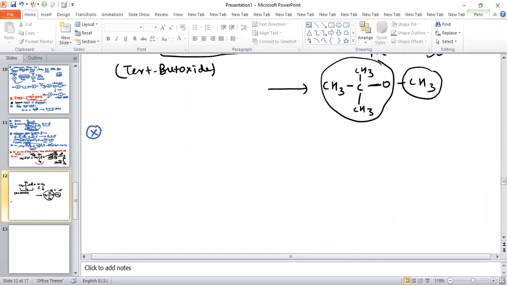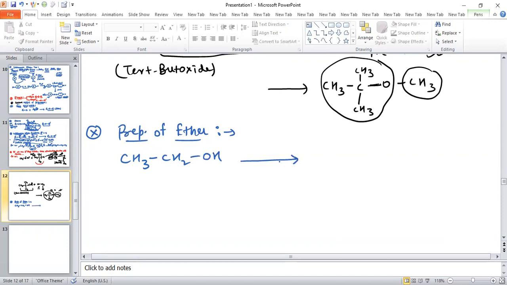You can prepare ether when we use an alcohol like this compound, and the reaction of this compound with concentrated H2SO4 at 140 degrees Celsius.